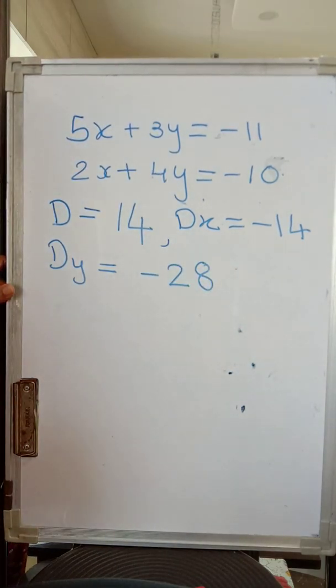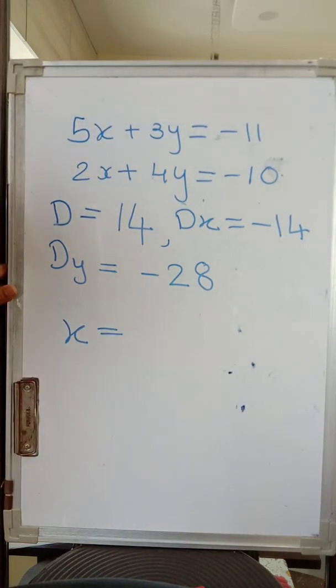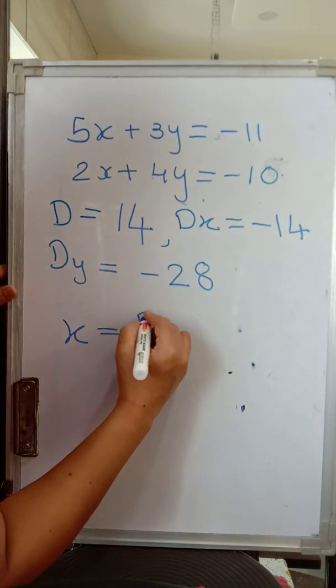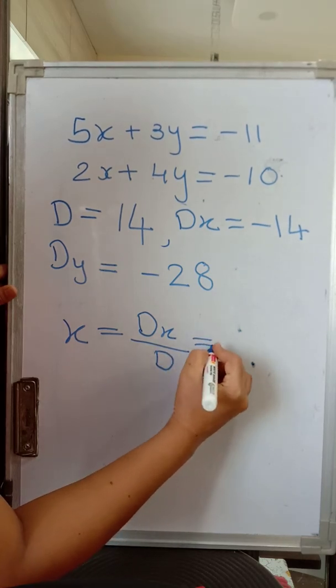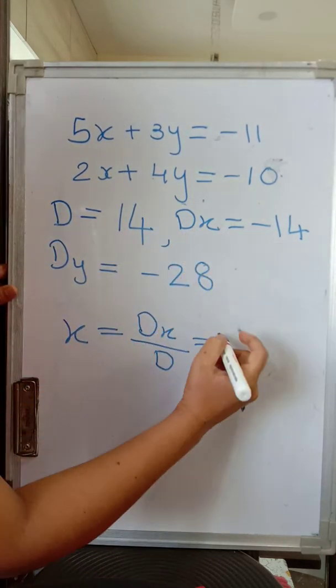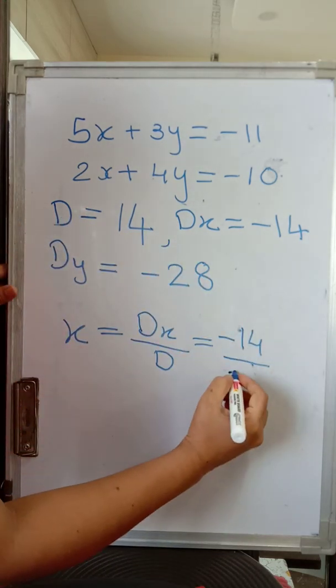Now we have d, we have dx, we have dy. Now the question remains how to find x. It's very, very easy. What is x? dx upon d. What is dx? Minus 14. So you have minus 14 upon d, which is 14.